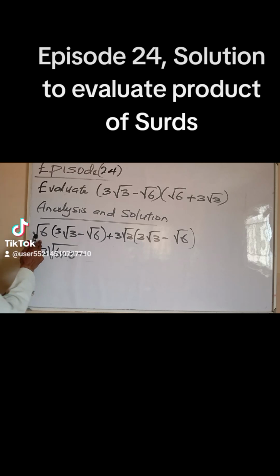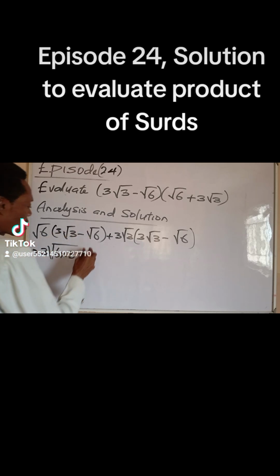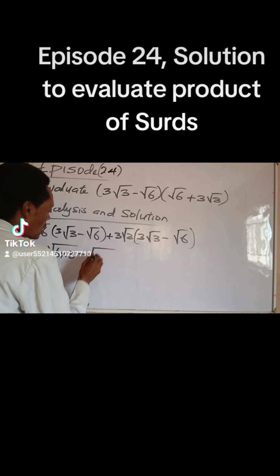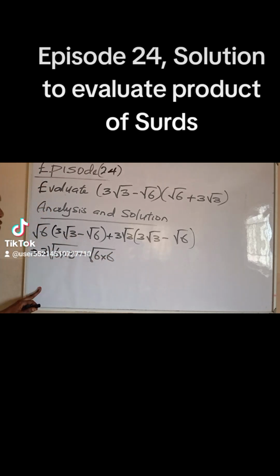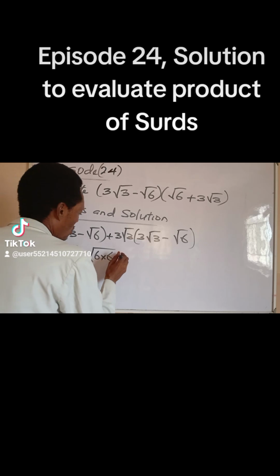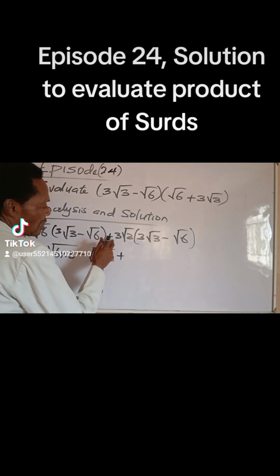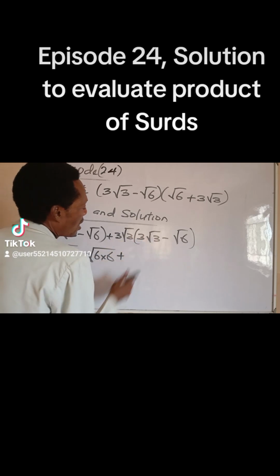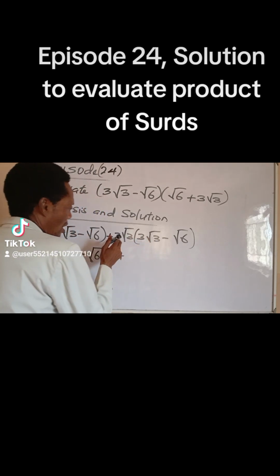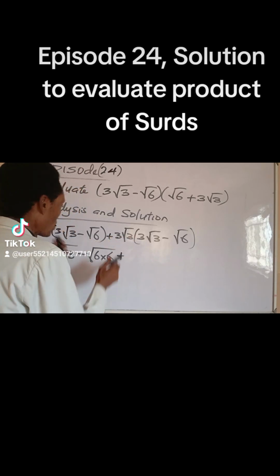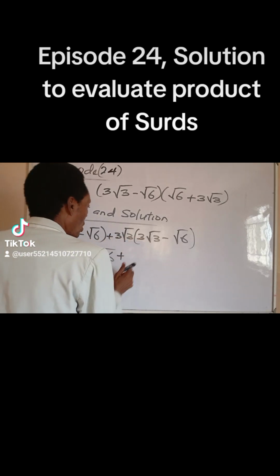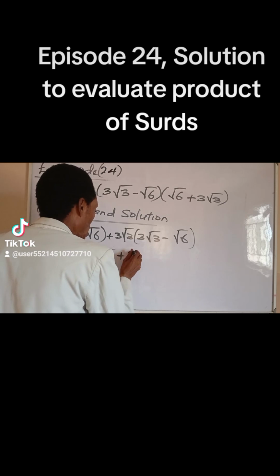So √6 times √6, this is 6 times 6, so I'm multiplying the roots. Then plus: this is 3√3 times 3√3. So 3 times 3 gives 9, then √3 times 3, that gives 9.